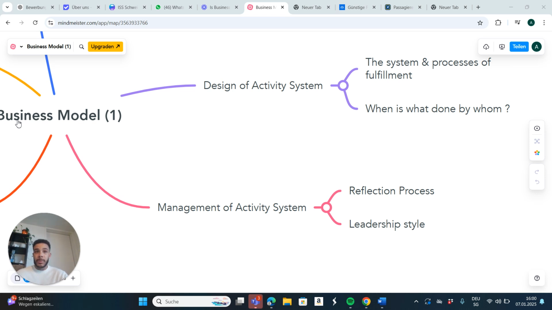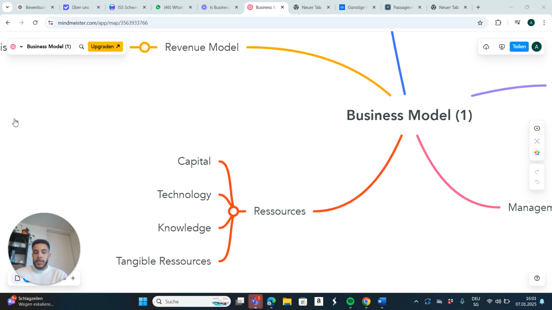Is it made easily, or do we have a big reflection process before such a decision is made? This is important to think about if you want to construct a business or have a business idea implemented, because it predicts the reactivity, the flexibility of your business.